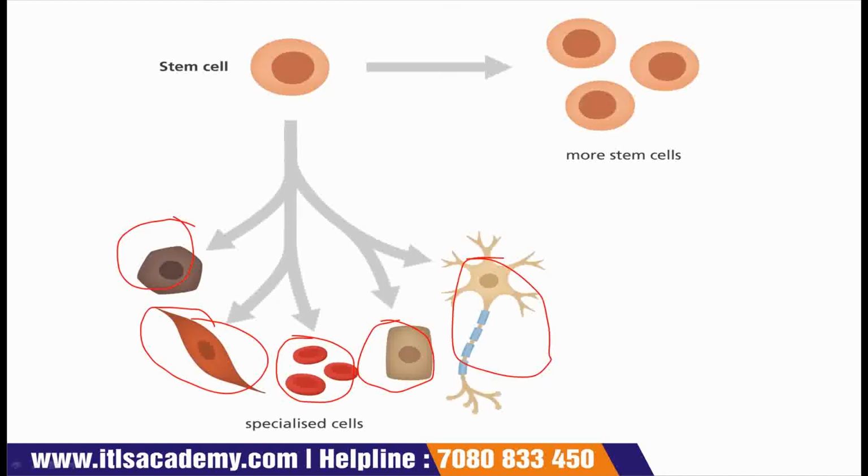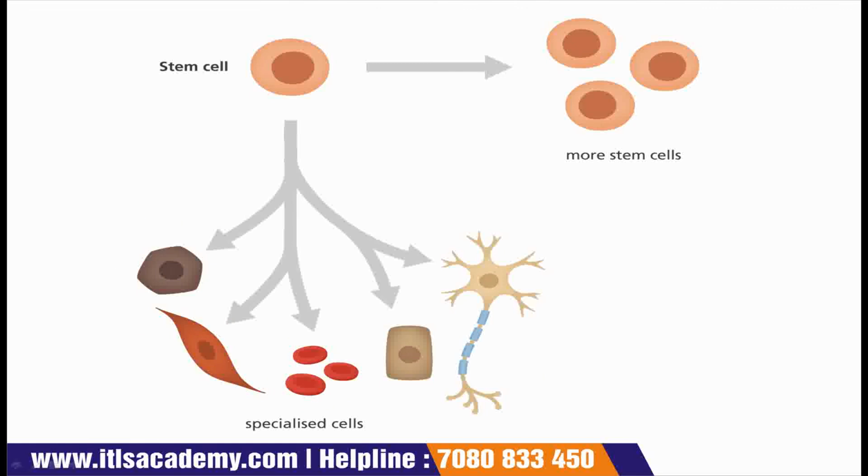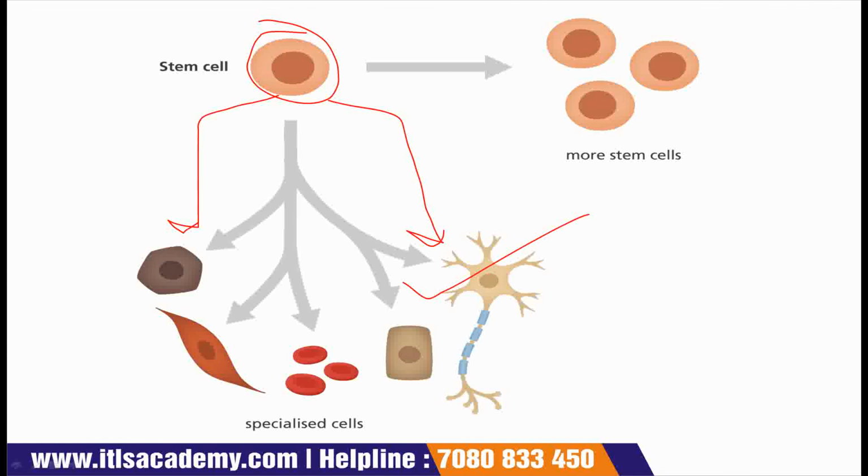Here you can see these are the differentiated stem cells, but the shape and size of all these cells are different. No cell looks like the previous one. The differentiated cells have different shape and size. Also, they have different responsiveness.